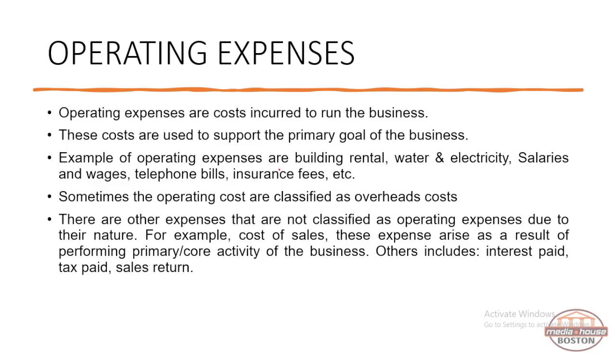Then we also have commission received. If we as a company render service to someone and someone gives us more money to say that our service was good, we are receiving commission based on the service that we render to the customers. So we're going to receive that extra money as commission.